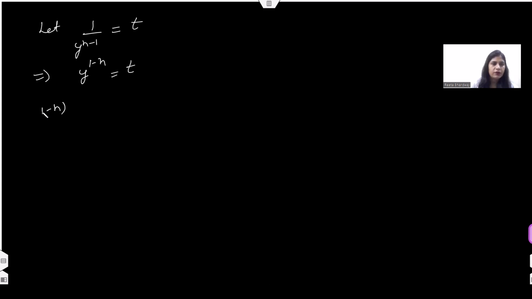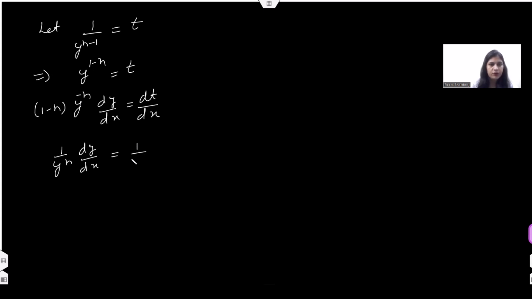After doing differentiation on both sides, we get dy by dx equal to dt by dx. That means we can write 1 upon y raised to n dy by dx as 1 upon 1 minus n dt by dx.